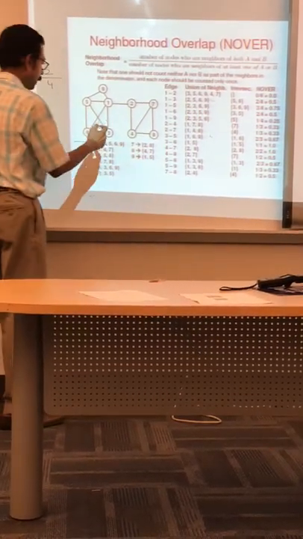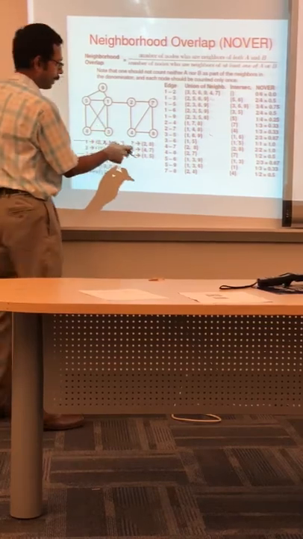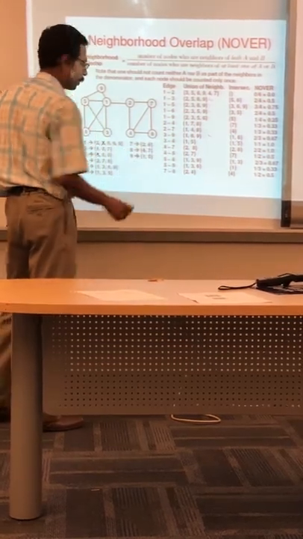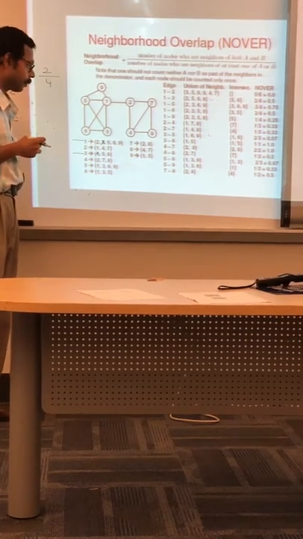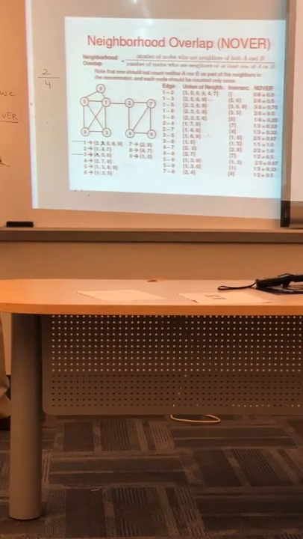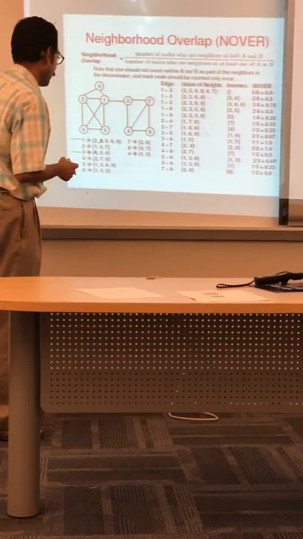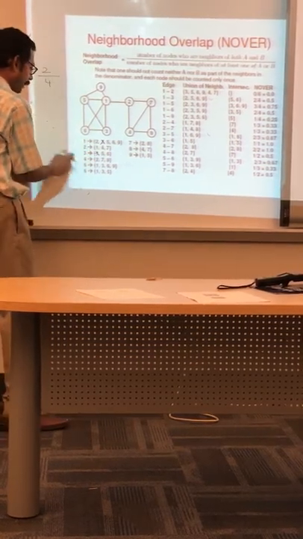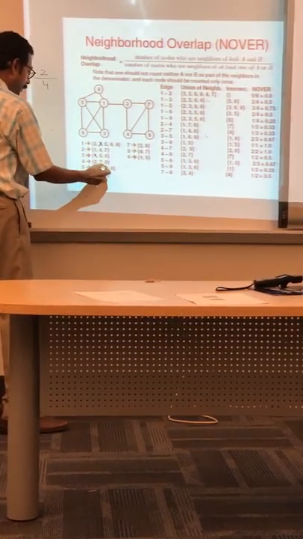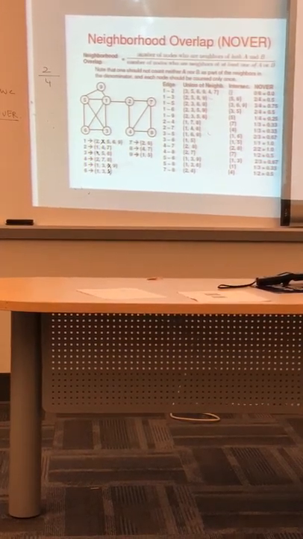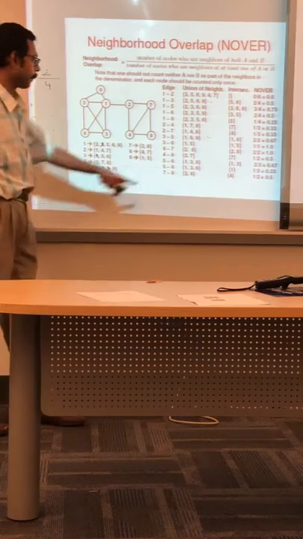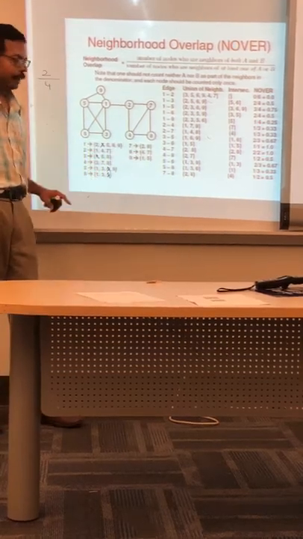One more edge. Let us say 5, 6. So for 5, 6, again exclude 5 and 6 and consider only the other vertices once. So 1, 3, 9 is the union, and 1 and 3 are the common neighbors.